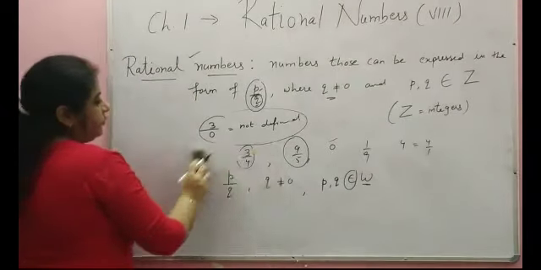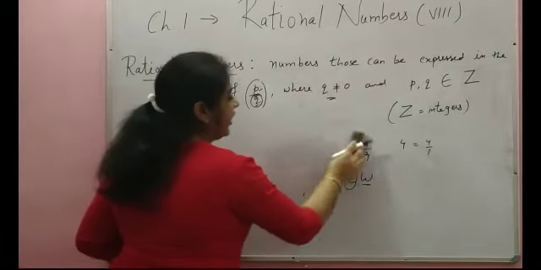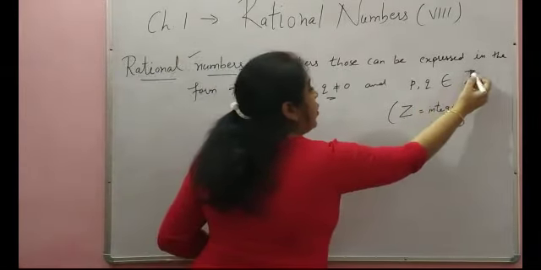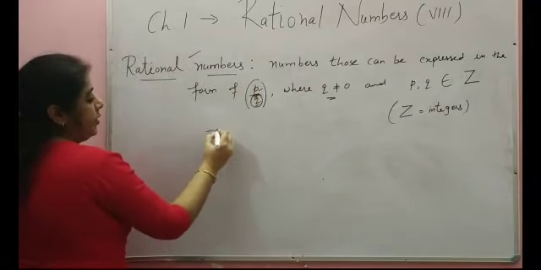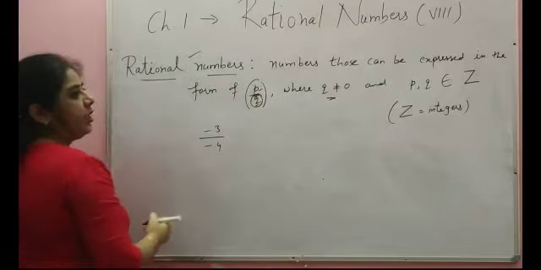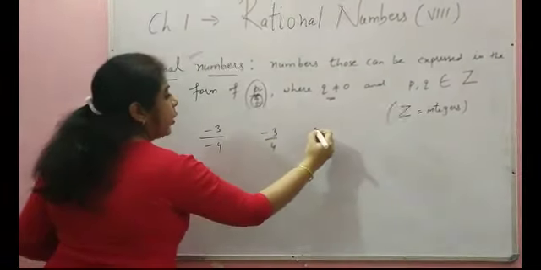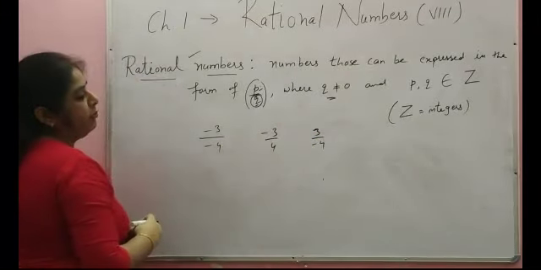But when we talk about rational numbers, we write p and q belong to integers. Integers means numerator and denominator both can be negative. Either the numerator or the denominator, any one of them, can also be negative.